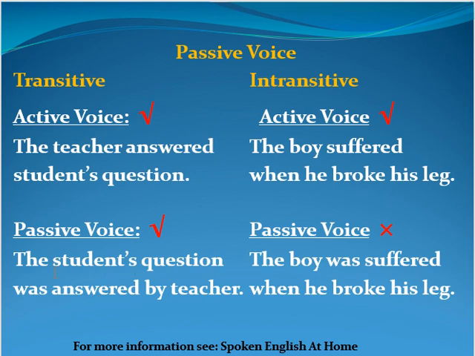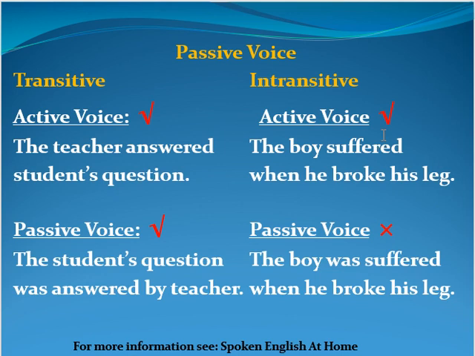So here the student's question is actually what? The object. We used the object at the beginning, and then was answered is the verb, and by the teacher is the subject. The subject is at the end. So here we can say this sentence is changed to passive voice, and this is correct because we have the tick mark here. Then we have another side with intransitive verbs. For example, the boy suffered when he broke his leg.